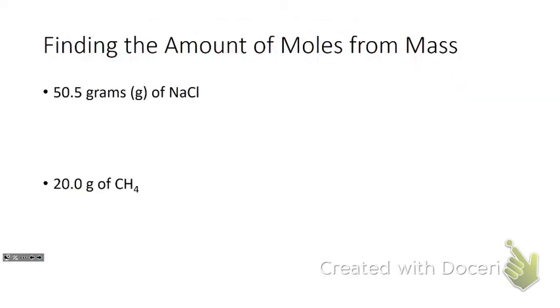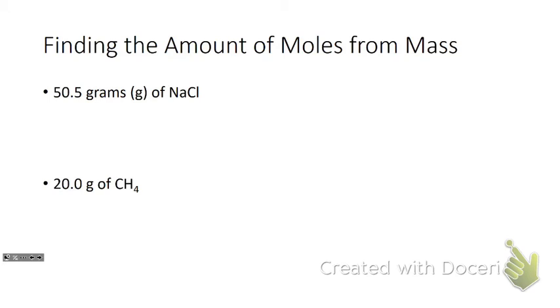Okay, so now we are given just a mass. This is what I mean. We have 50.5 grams of sodium chloride. This is the mass of our sample, so this is our little m.